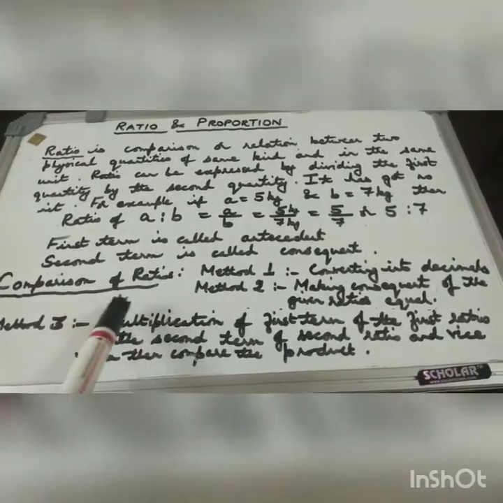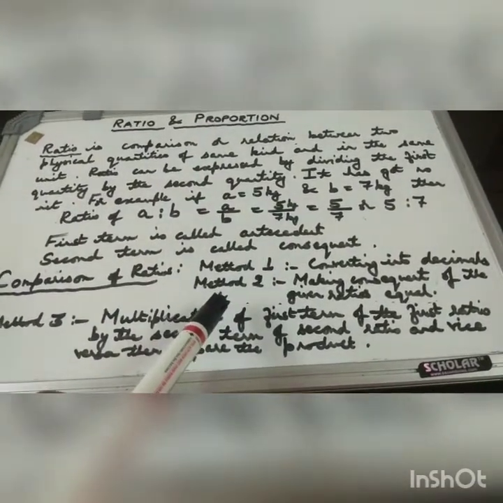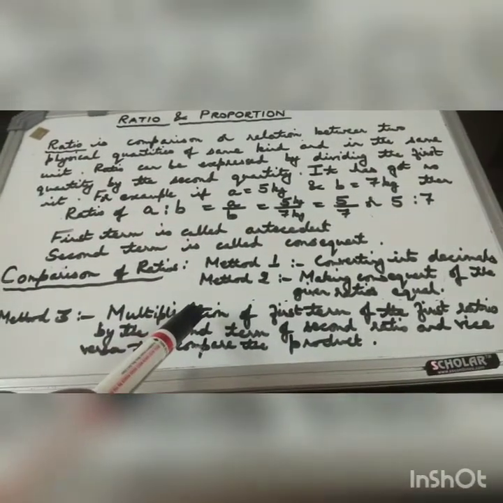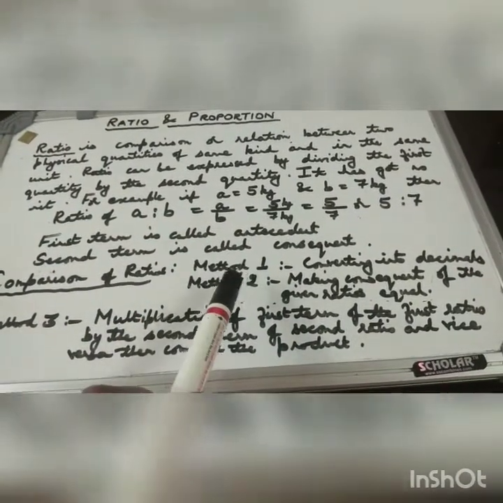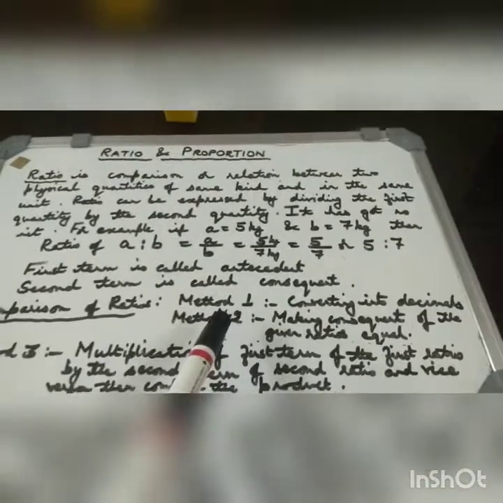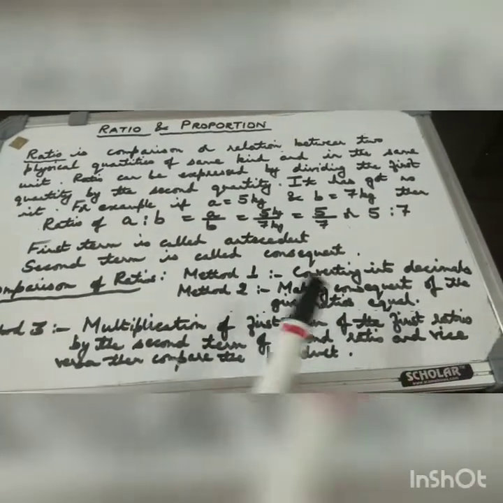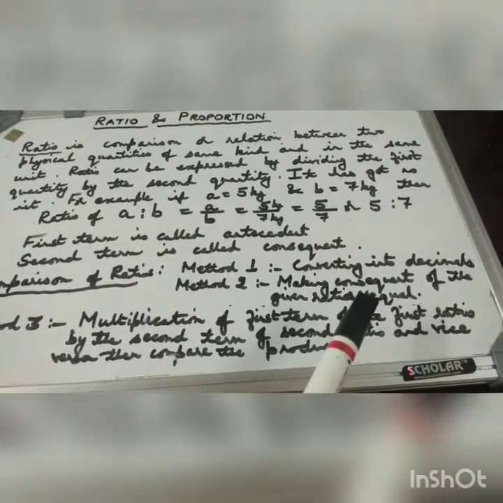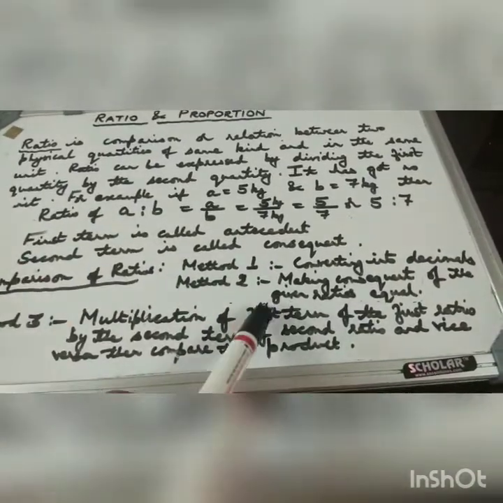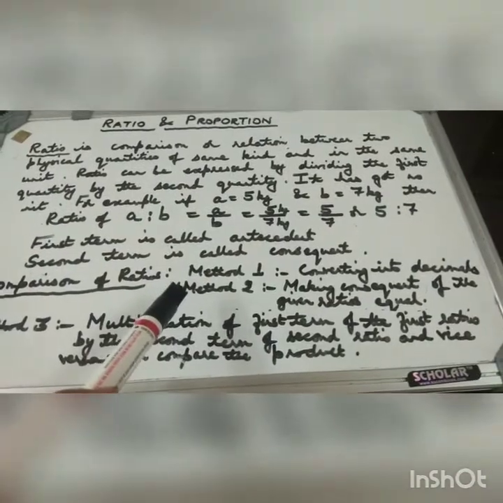Now, comparison of ratios. This is a very common problem asked in every exercise of the ratio. Method 1 is very simple, as we do it in fractions, one and the same. That is converting into decimals. First convert them into decimals and then start comparing the decimal value.